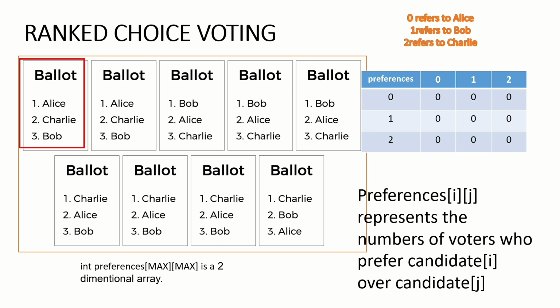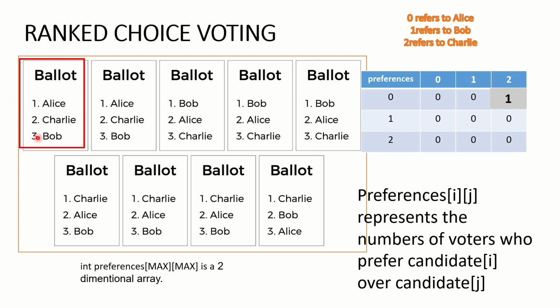Alice is candidate 0, Charlie is candidate 2. Preference is a two-dimensional array, so 0 over 2, and this value should increment. As you see, this is 1 because one voter prefers Alice over Charlie.